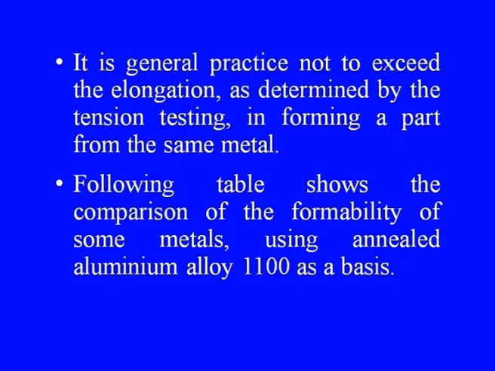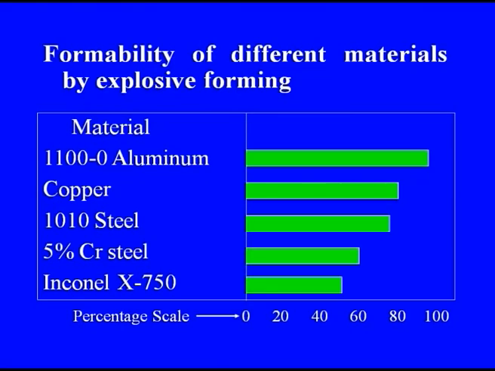The following table shows the comparison of the formability of some metals using annealed aluminum alloy 1100 as a basis. This is being shown on the screen, formability of different materials with respect to 1100 series of aluminum alloy.